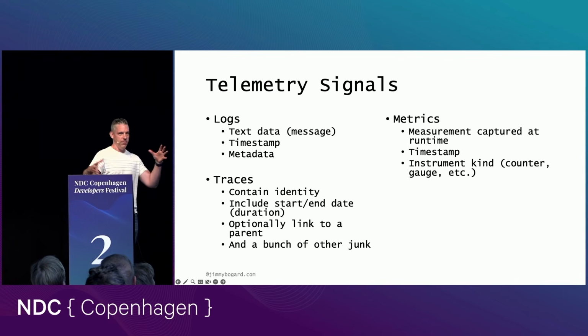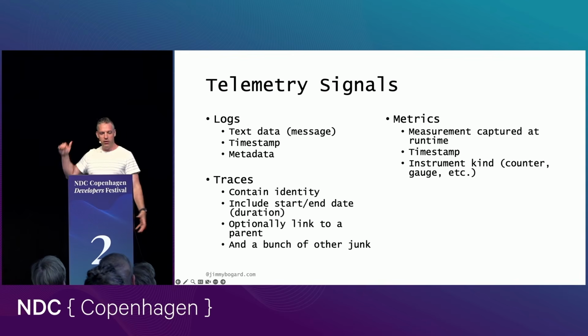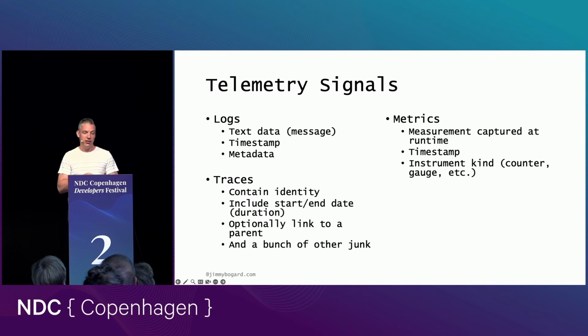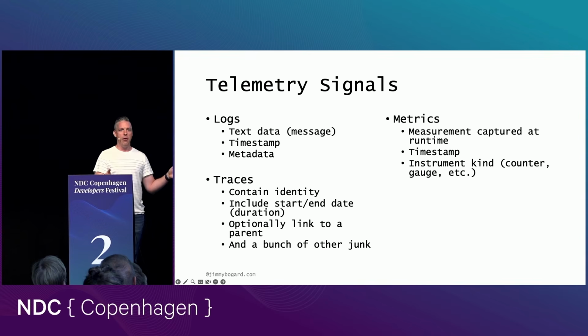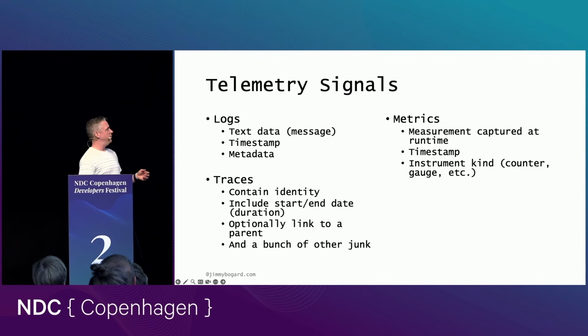Once we start to go further and further out, to broader and broader scope, next we have metrics. Metrics are a measurement captured at a specific point in time, but it's not just a duration. Now we can have more interesting kinds of measurements for whatever kind of thing we want to measure. So these are things like, how many clicks did I get?